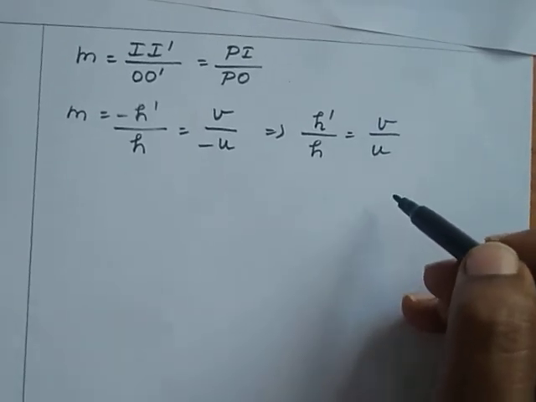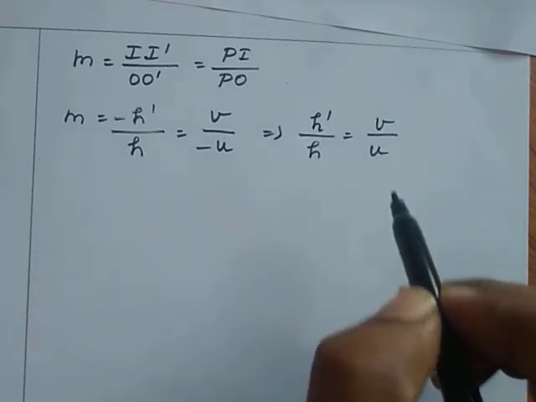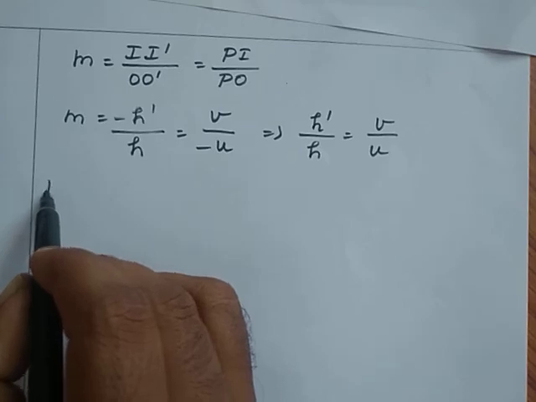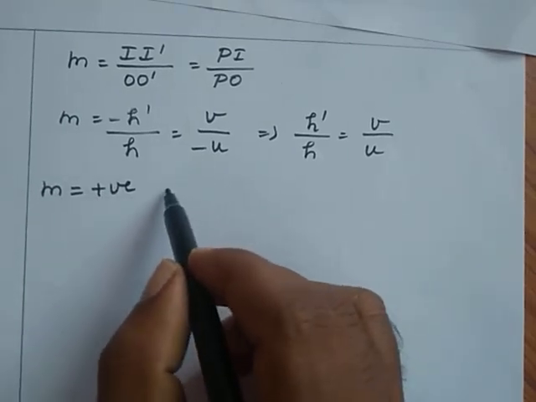Here I get a positive value of M. If M is positive, the image is a virtual image.